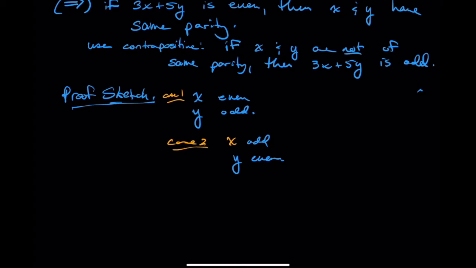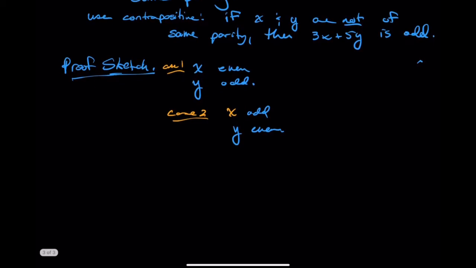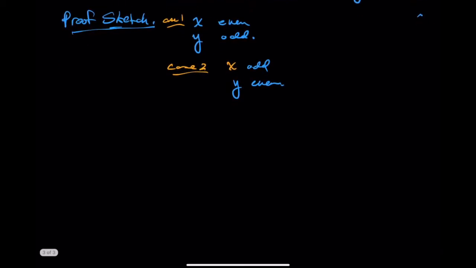All right, so we're doing the forward direction, a conditional statement of this biconditional, and we're using a contrapositive to do it, and we have to do two cases for this contrapositive. So case 1, assume that x is even and that y is odd.